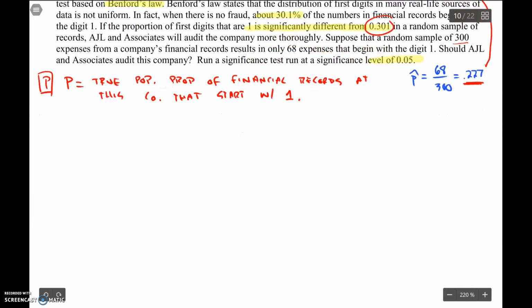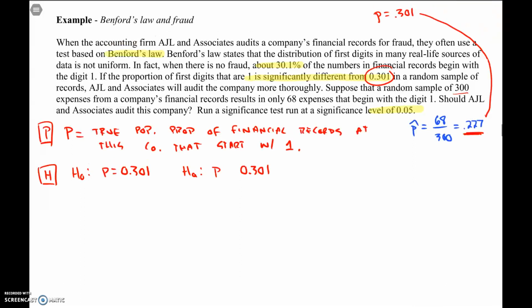Okay. Set up our hypotheses. The null is going to be p equals 0.301. Remember, the null is always equals. And then the alternate. The alternate is that the true proportion is, all right, greater than, less than, or not equal to. Now, if you look at the sample, it is less than.